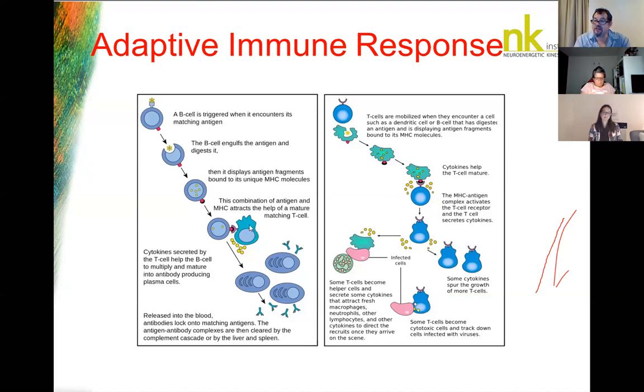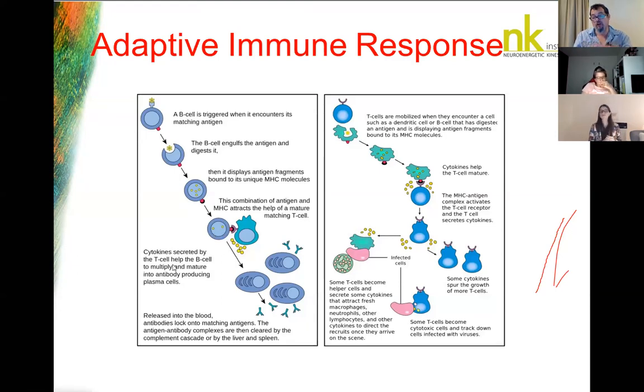Then the T helper cell also proliferates. So this T helper cell will only recognize this pathogen. And the B memory cell, you get also proliferation of the B memory cells.